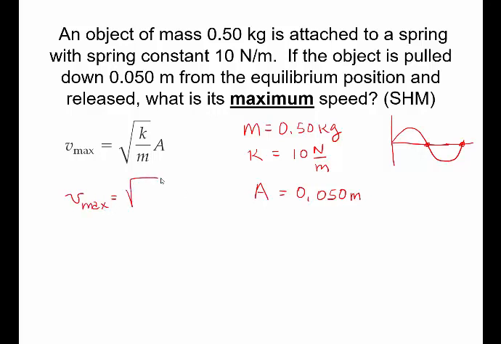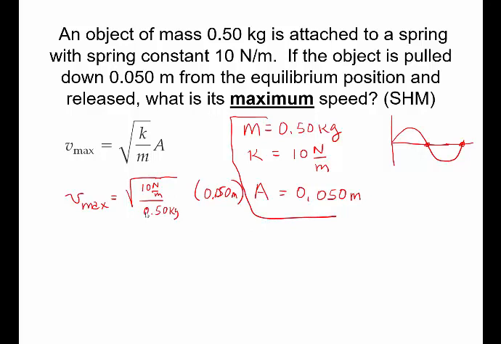We have the square root of 10 newtons per meter over m, 0.50 kilograms, and then we multiply that by 0.050 meters, which is just A. So this is what was given, and we can just do our calculation.